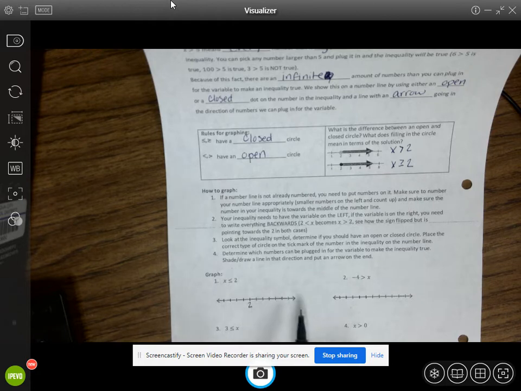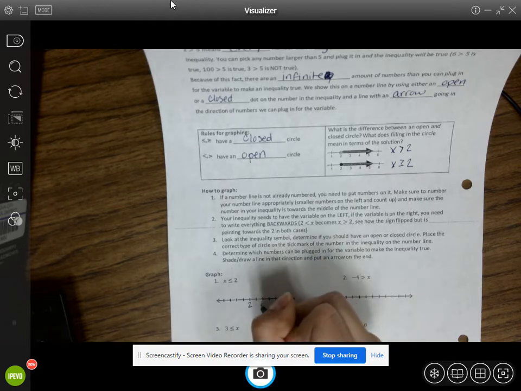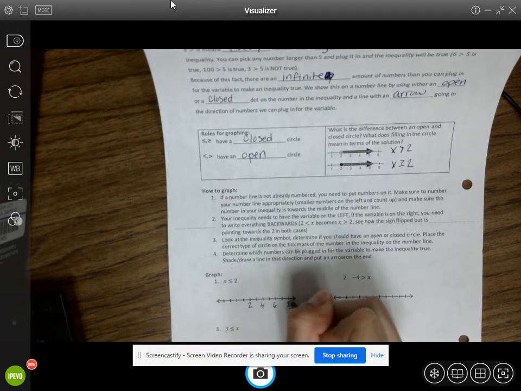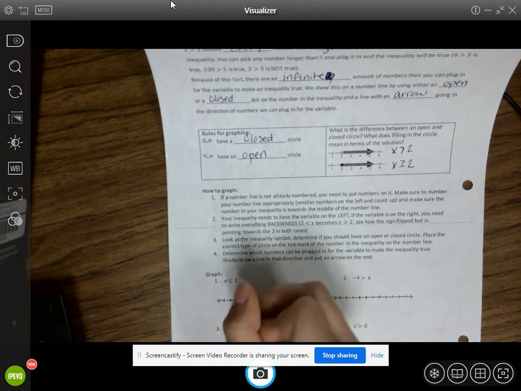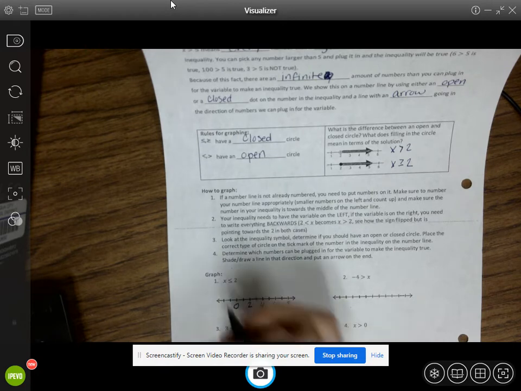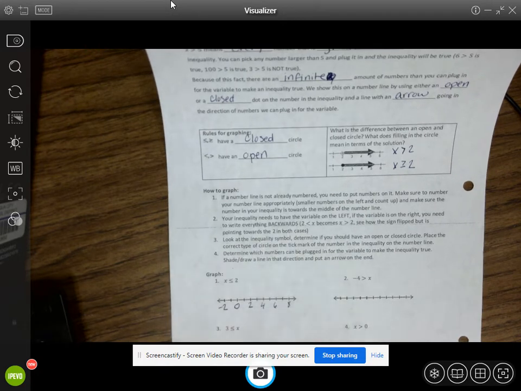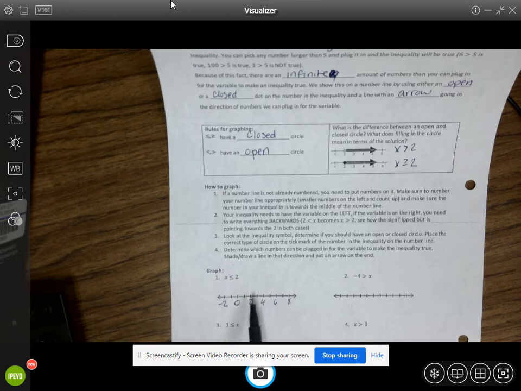You went 2, 4, 5. But I can go 2, 4, 6, 8, skipping 1 in between. Back here, I would go 0 and then -2. And in between each one of these would be 0, 1, 2, 3, 4, 5, 6.